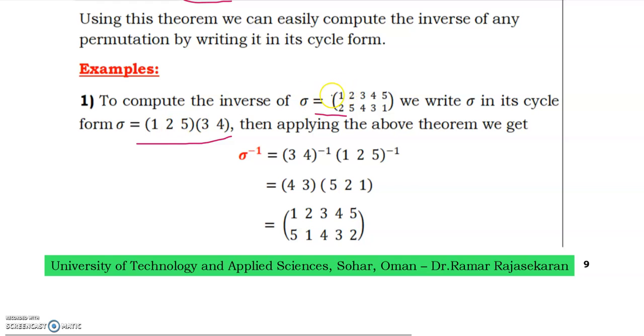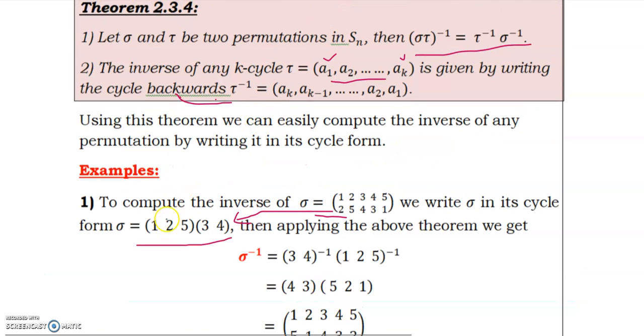This is the permutation, and I write the cycle form from this. If I have 2 cycles, this is the first cycle, this is the second cycle, then how to find the inverse? You write the second cycle inverse, then the first cycle inverse.